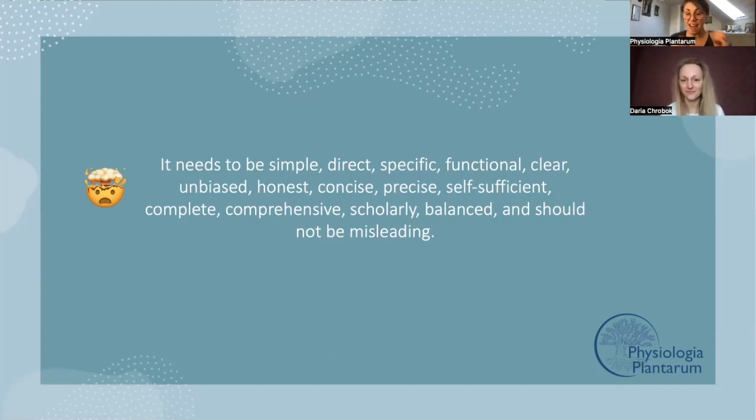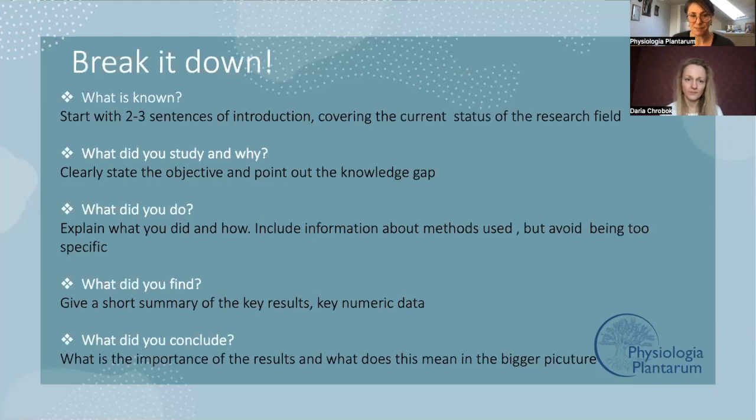Everywhere I looked, there were all of these buzzwords that you have to include, and it's like, oh, but this is too hard. So I think you should not just look at all of these really specific words. You should break it down, and start once again by asking yourself a few questions.